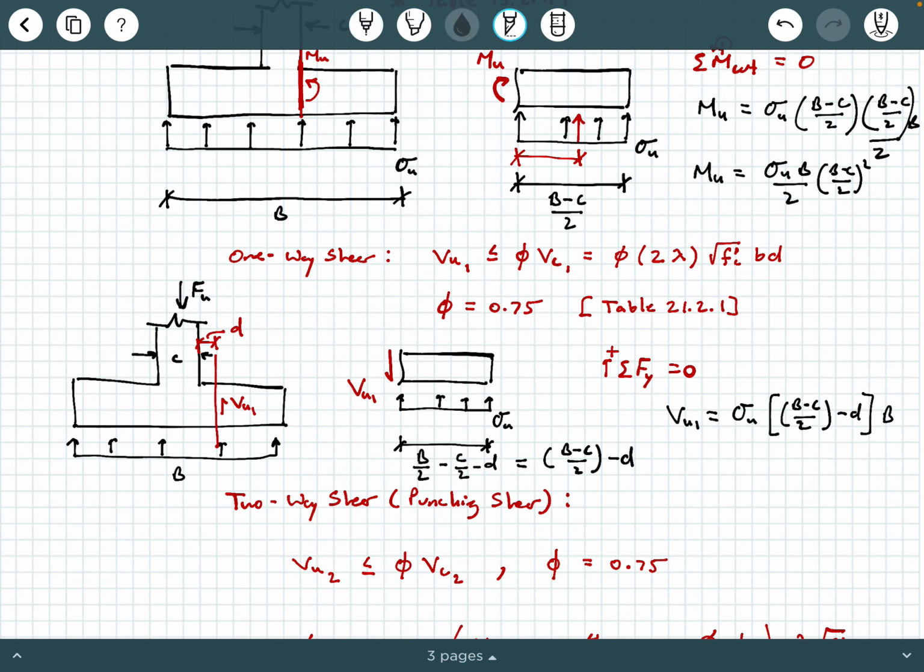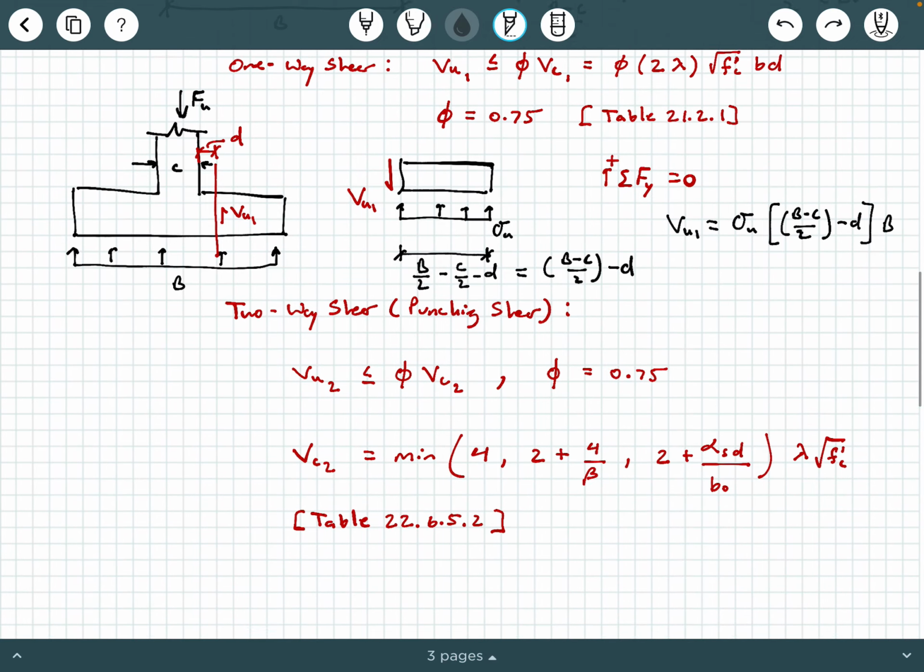I've said, sigma u, that's this uniform pressure, times this dimension line, that's the (B minus C) over 2 minus d, times this B right here. This B is the B that's coming out of the screen at you. It's the other dimension because this is a square footing.